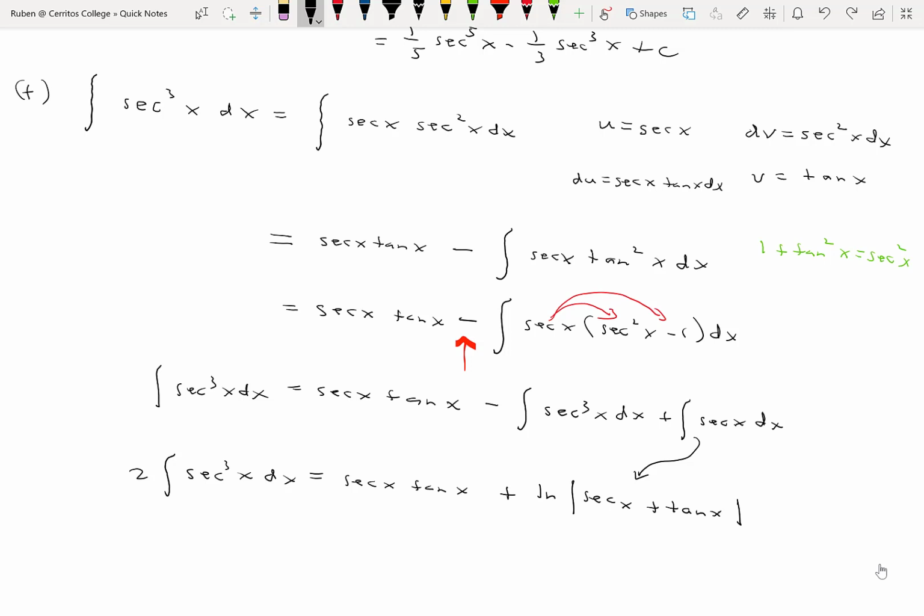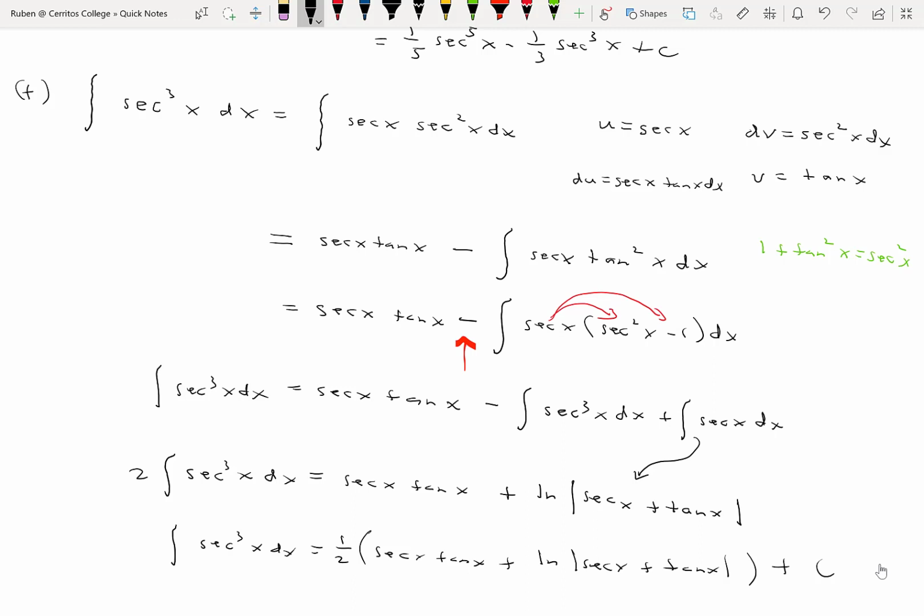So divide both sides by 2, or multiply by 1/2. You have 1/2 secant x tangent x plus the natural log of the absolute value of secant x plus tangent x. Tack on our constant of integration.